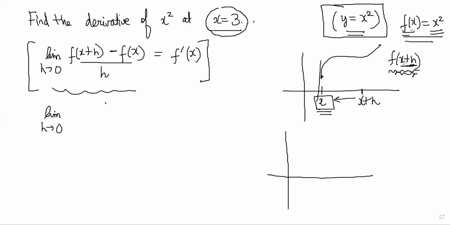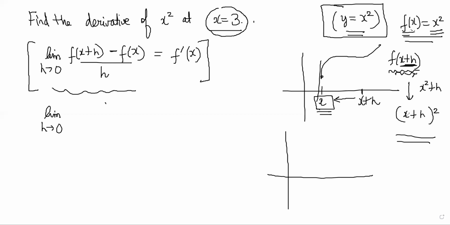If you give input x plus h, what will be the output? x plus h squared. What did you say earlier? You said x square plus h. Is it the same thing?